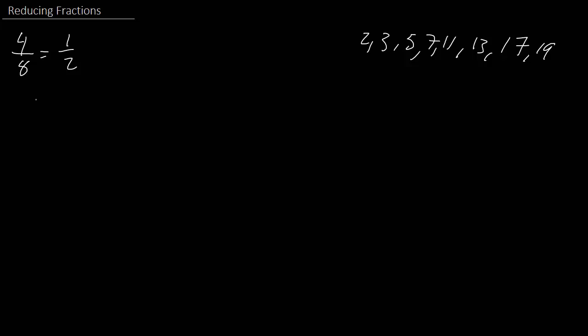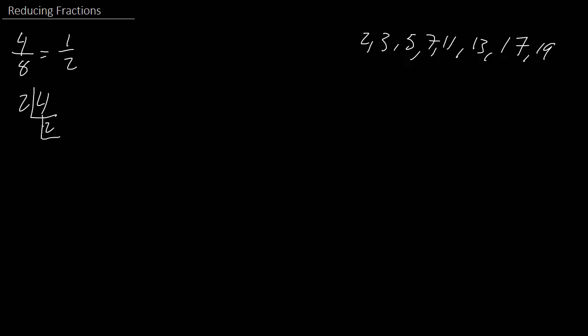So let's start with the 4. The way I like to teach people how to break down numbers into the prime factors is by writing the numerator right here in the little bracket, and we ask ourselves, what is a prime number that goes into 4 evenly? Well, 4 is an even number, so we can say 2 will go into 4. How many times? 2 times, because 2 times 2 is 4.